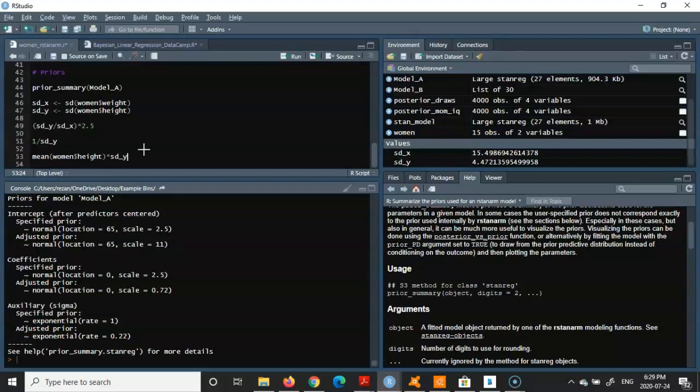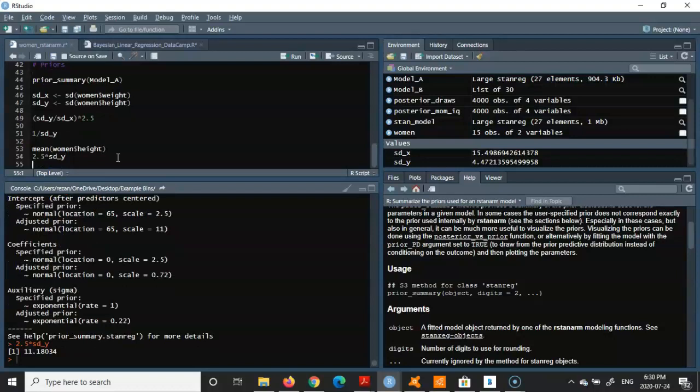Oh, sorry, I made a mistake, and I shouldn't multiply the mean by that number. I had to multiply, as you notice, 2.5 times the standard deviation of y to get the adjusted value for that, and you see that the scale is 11. Sorry, I multiplied the mean by the standard deviation of y, and I got a completely wrong number.